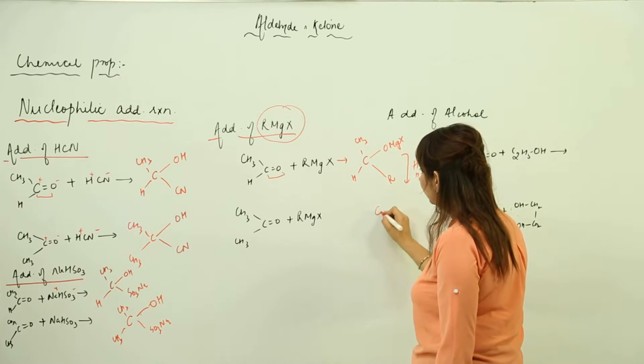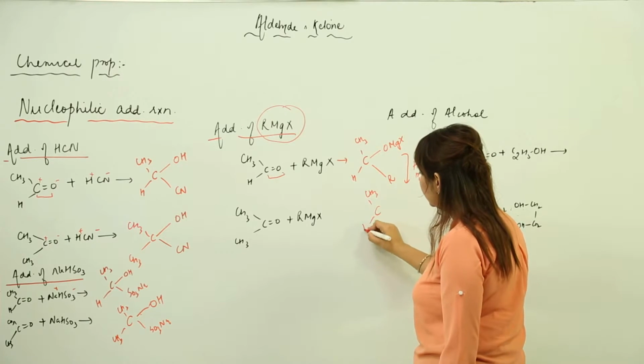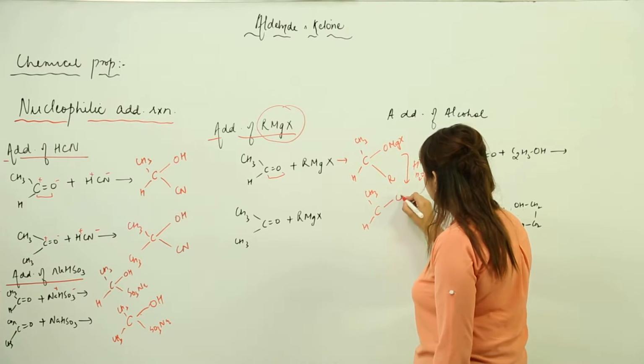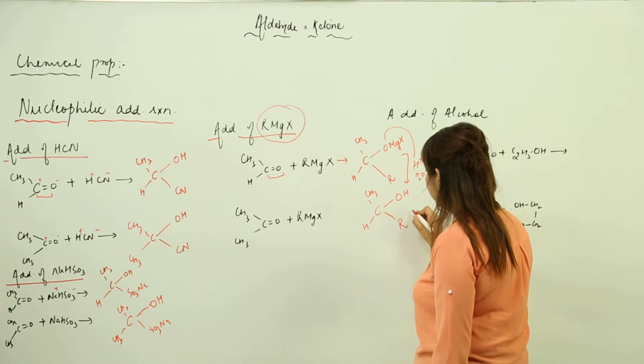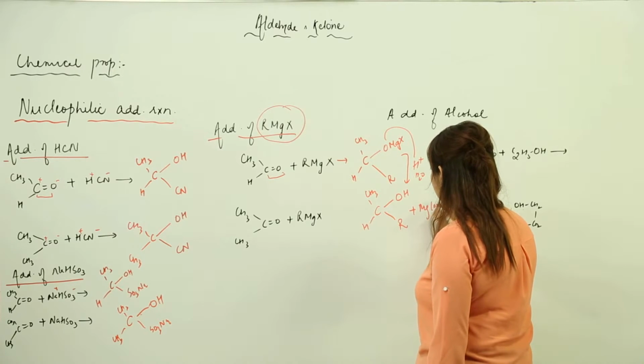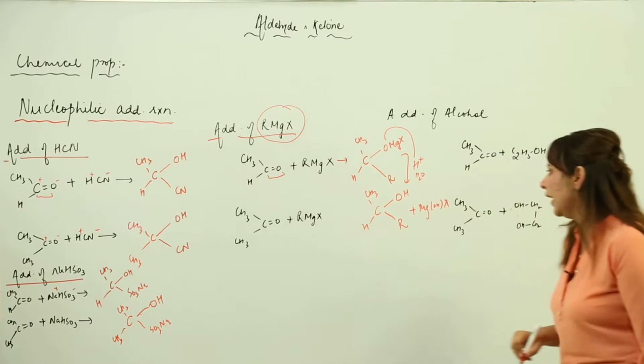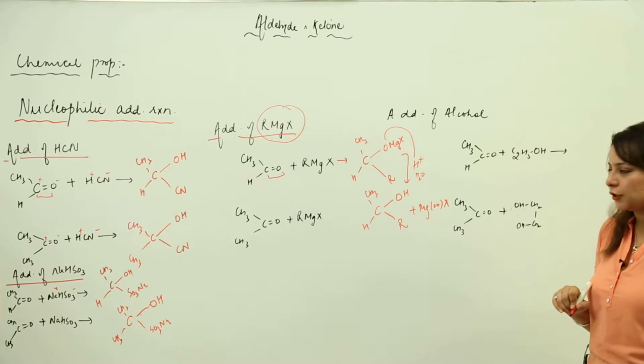Then this remains as such, H gets added here, OH, R here, and with that we get Mg(OH)X. This kind of addition reaction will take place.